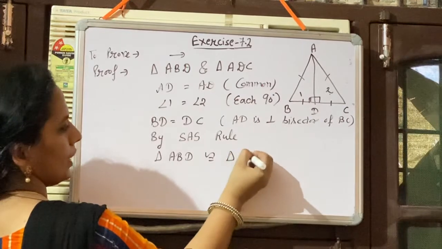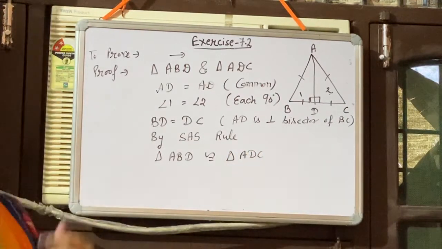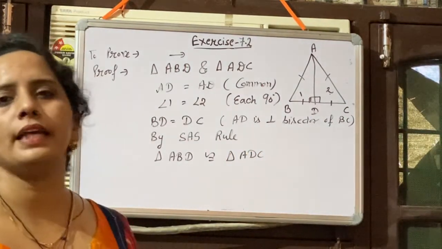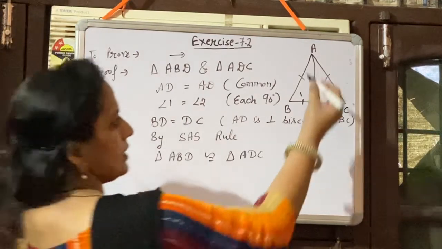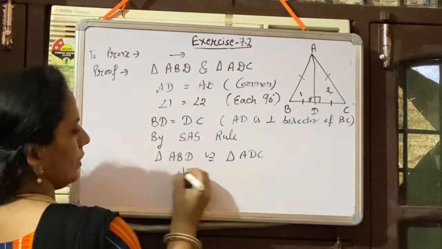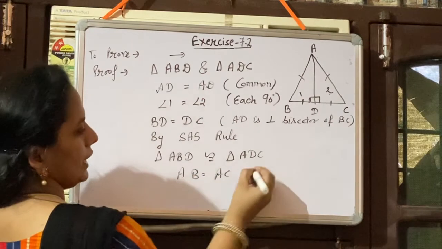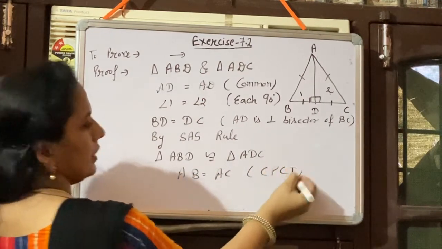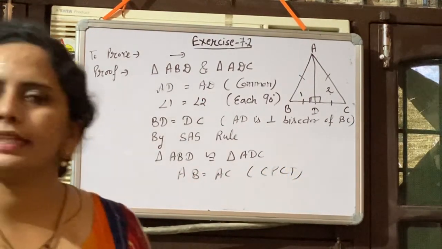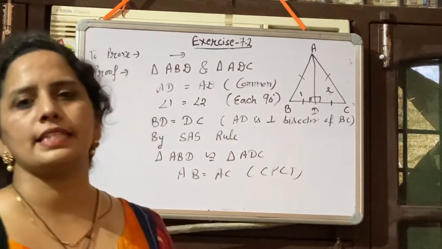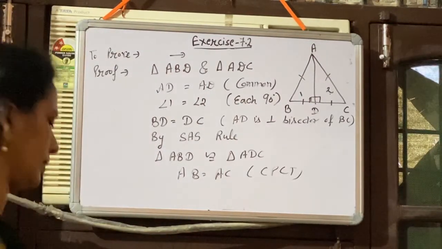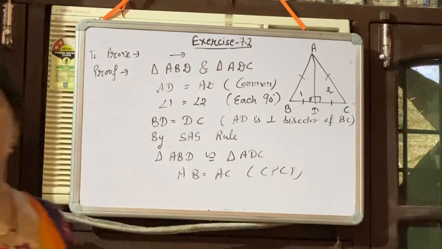If these two triangles are congruent, then its remaining parts are equal by CPCT. So we can say that AB is equal to AC by CPCT. If these two sides are equal, then we can say this triangle is an isosceles triangle. Now let's do the next question.